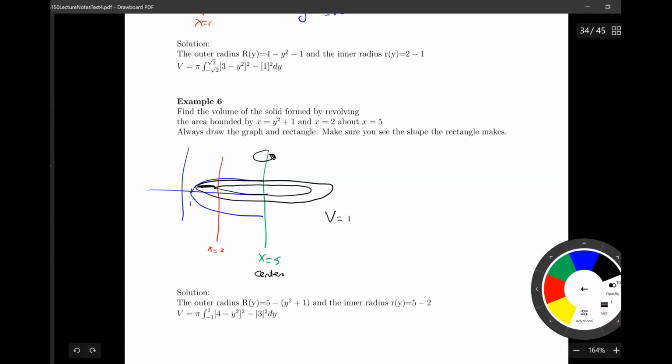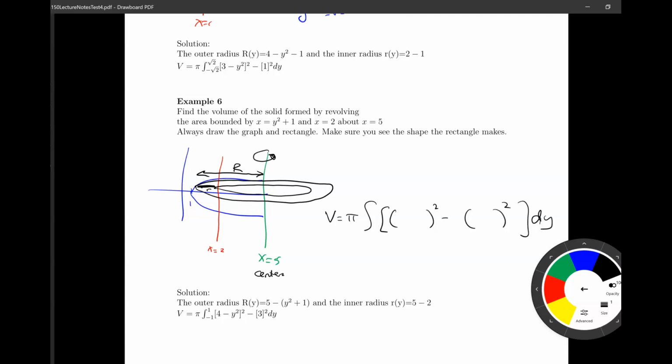All right. So pi, outside radius squared minus inside radius squared, dy. All right. So outside radius is from here to here, and inside radius is that distance. All right. So because I'm sideways, everything gets measured from the y-axis, way over here.